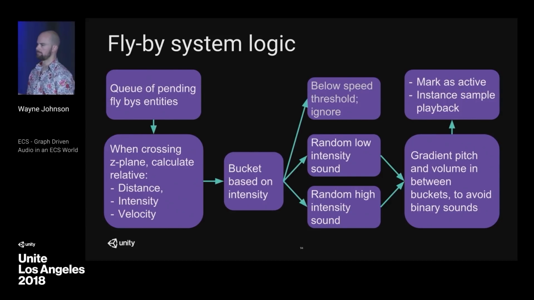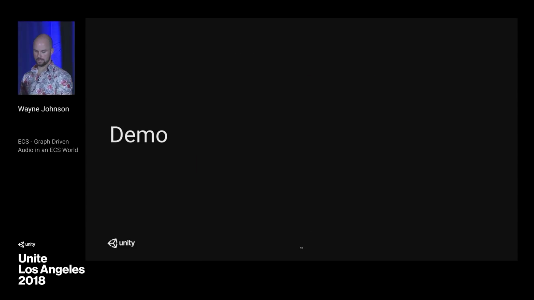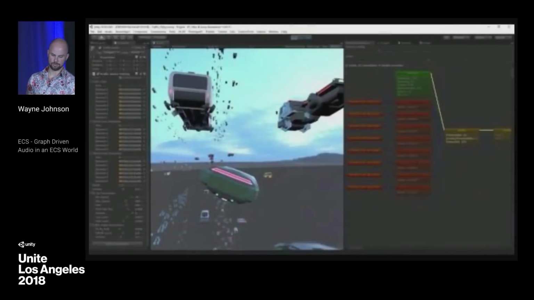We'd bucket those flyby entities into relative intensities, and apply a whole bunch of other characteristics, volume, pitch, and other things. It was a lot of tweaking to get the flyby sounds working quite well. And then, once these were all defined and calculated, we would then go away and create the sample playback instance.